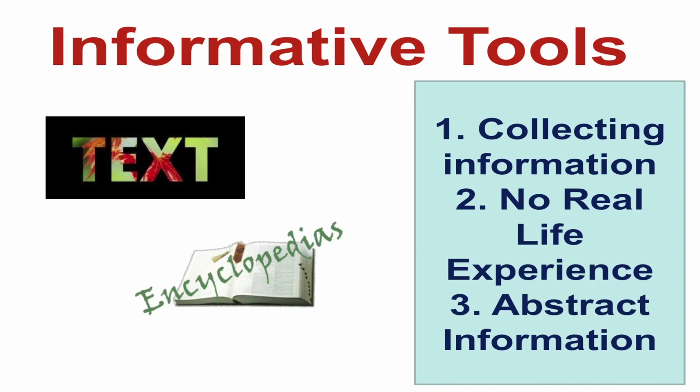What are informative tools and what do they do? The informative tools are the textual material, simply the textbooks, the encyclopedias, the learning material. And what do they do? They collect information.